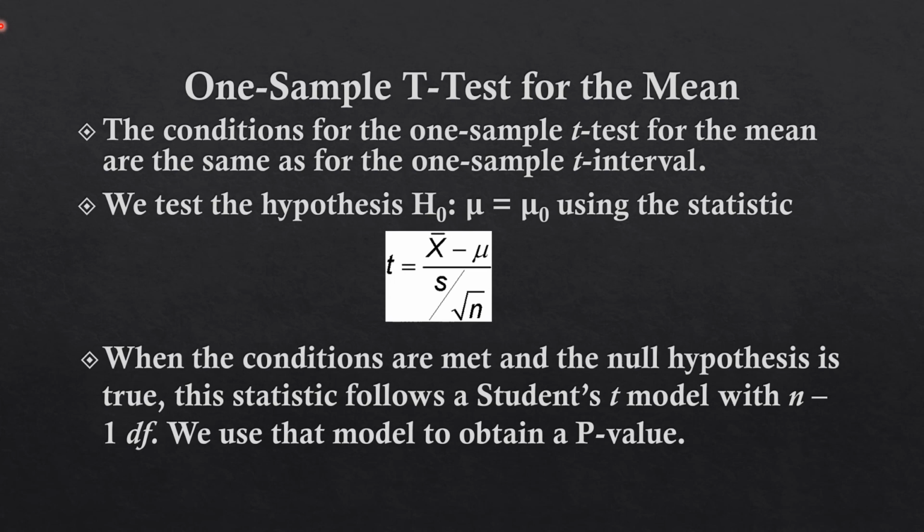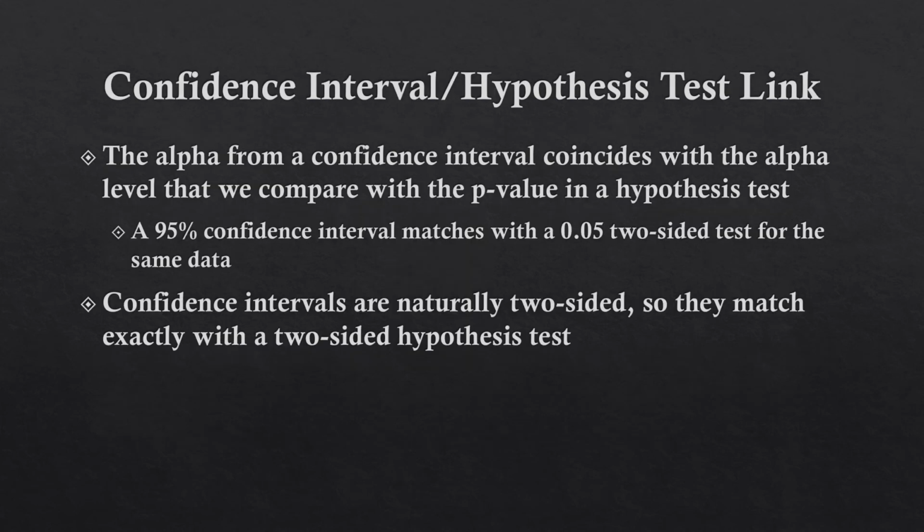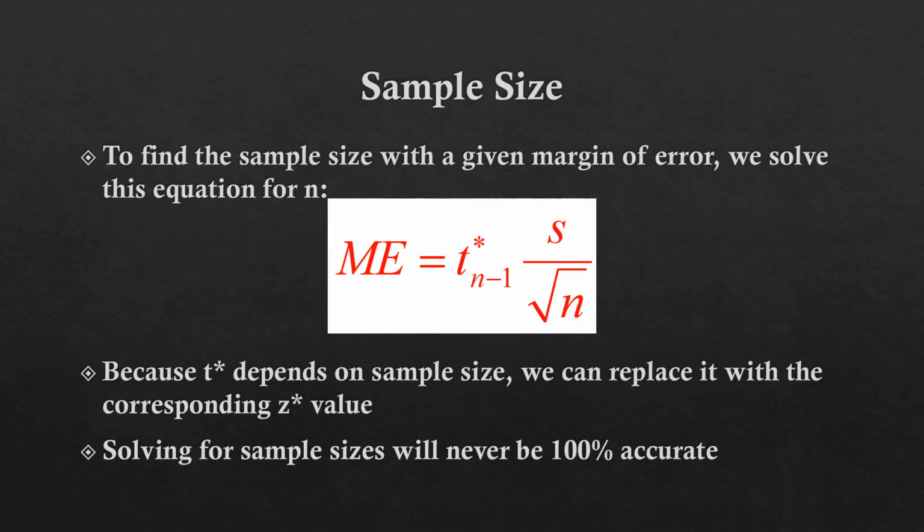So that is the number you'd want to plug into your calculator. Really quick reminder here that our confidence interval is linked to our hypothesis test. So if you're testing at an alpha level of 0.05, the corresponding confidence level for a confidence interval would be 95%.